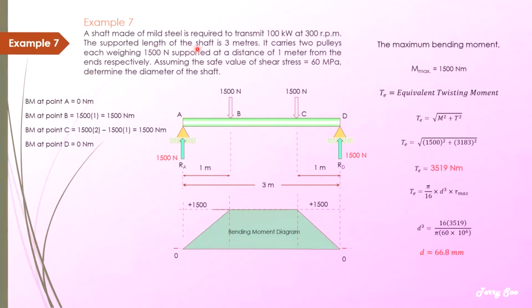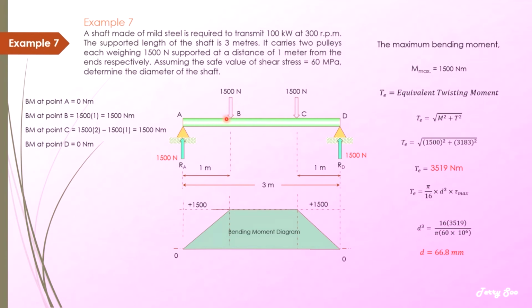The supported length of the shaft is 3 meters. It carries 2 pulleys, each weighing 1,500 Newton, at a distance of 1 meter from each end respectively.